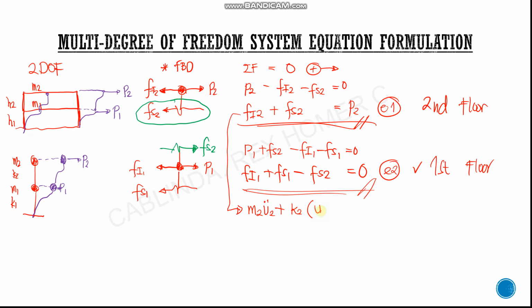Times the deformation of the second floor minus the deformation of the first floor, is equal to P2. And why is this? Let's look at the drawing. Let's say this is u1, the deformation of the first floor. If we project this up, this is our u2, the deformation of the second floor.